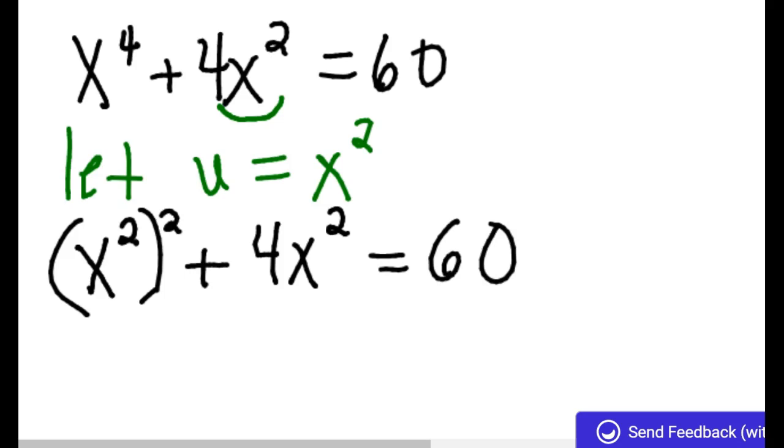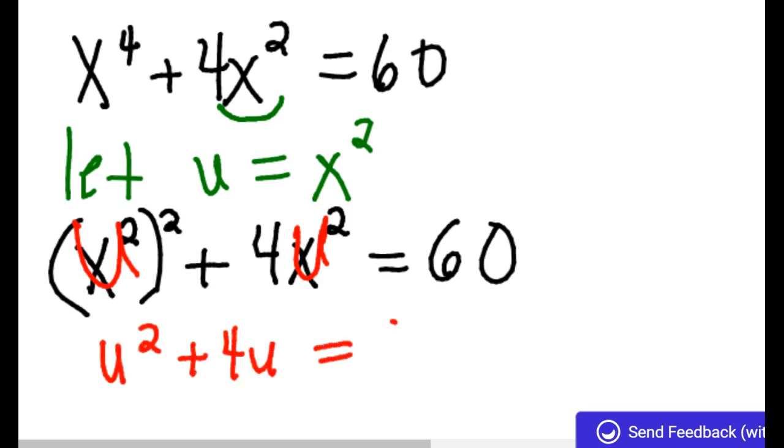Now everywhere that we see an x squared, we replace it with u. So the resulting equation would be u squared plus 4u equals 60.